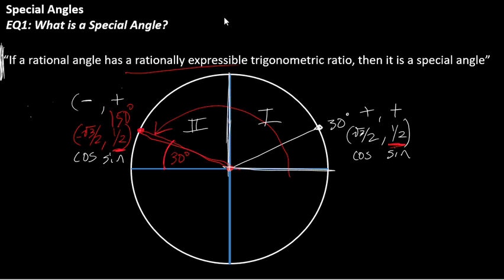So if the pattern continues, and we'll learn a lot more about this in the weeks to come, in quadrant 3 my cosine would still be negative, and my sine would also be negative. And over here in quadrant 4, my cosine would become positive again, and my sine would stay negative.